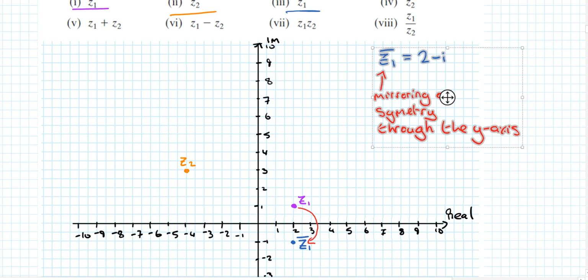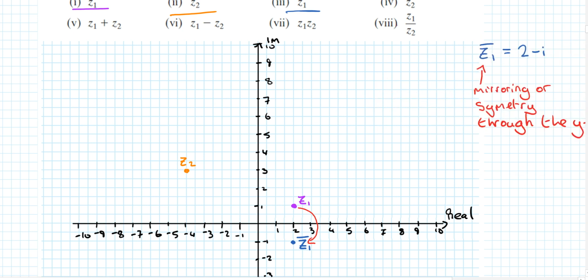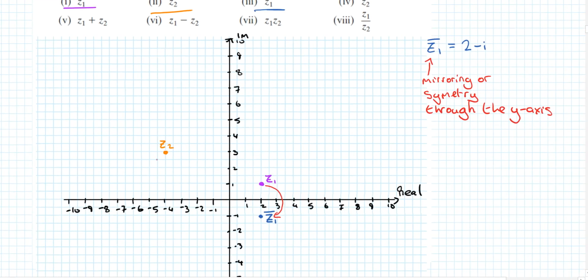Okay, so z2 bar will be flipped through the x-axis, not the y-axis, through the x-axis. Again, x-axis, or you could also call it the real axis. It is a mirroring or a flipping through the real axis.